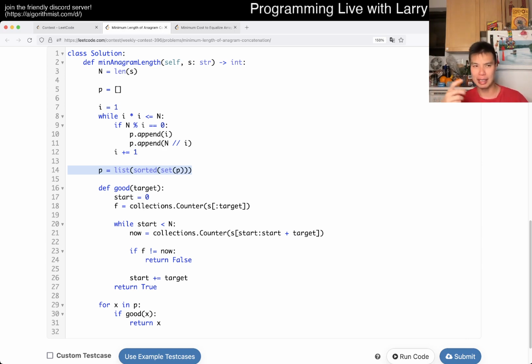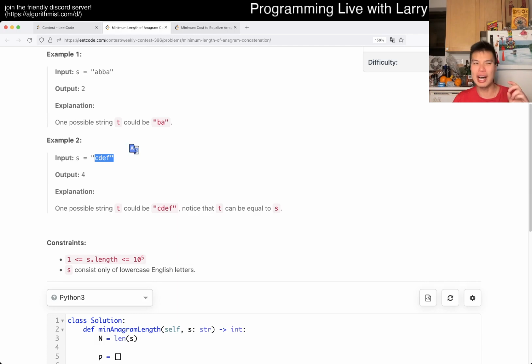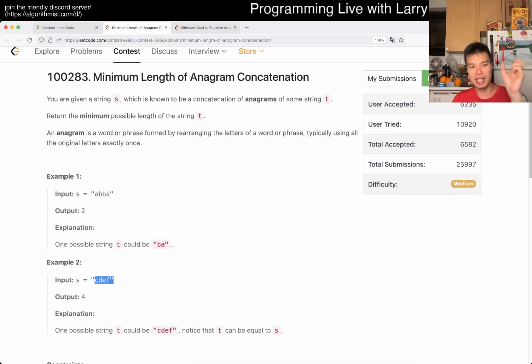And this is also an idea that you could maybe say shares with Q2. The quick idea is really just that given a target length, we take that chunk of the string and see how many times each character comes up, and then compare it to the first chunk, because this is the same idea as Q2, kind of, where each chunk is just the first chunk repeated in some different order.